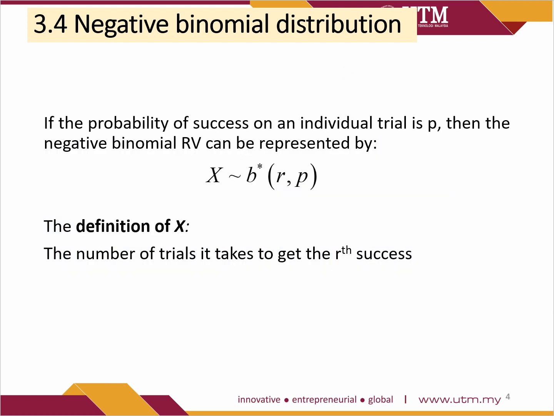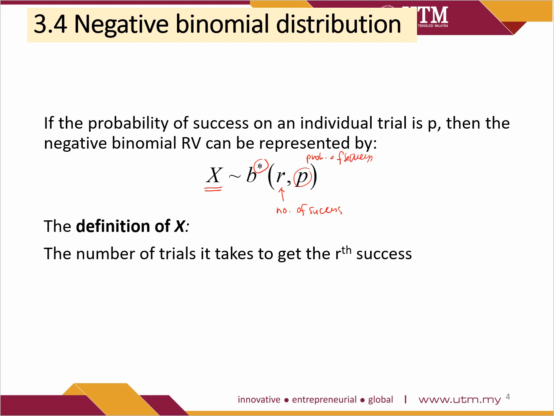If the probability of success on an individual try is p, then this discrete random variable x follows a negative binomial, where r is the number of successes and p is the probability of success.